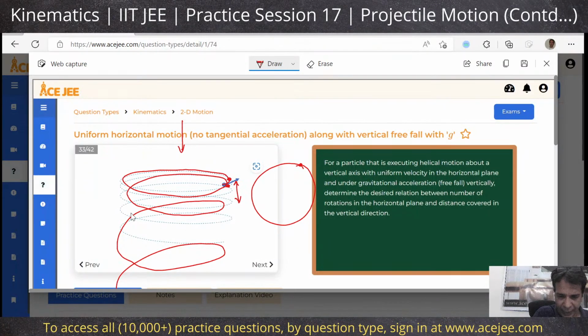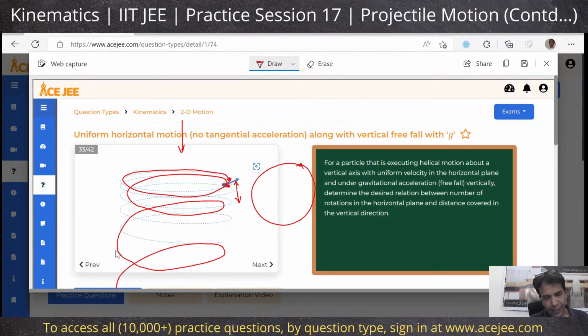As it moves further downwards, the velocity in the vertical direction is constantly increasing because the particle is moving downwards with acceleration g, 9.8 meter per second square. So that's why the pitch, which is the distance covered in the vertical direction by the time it makes one complete rotation, is increasing. Does it make sense?